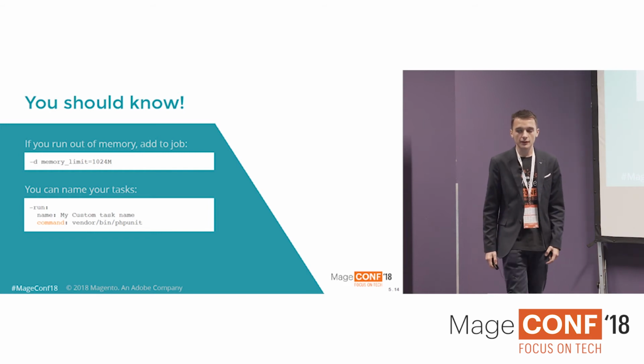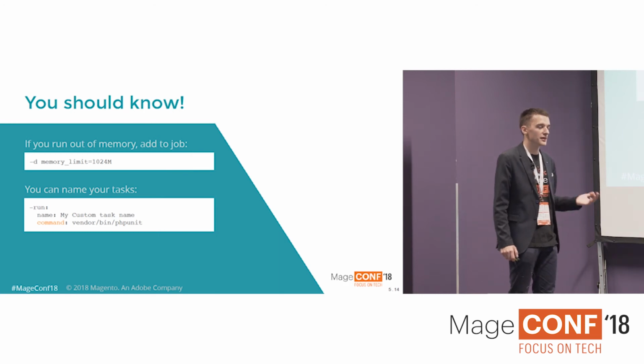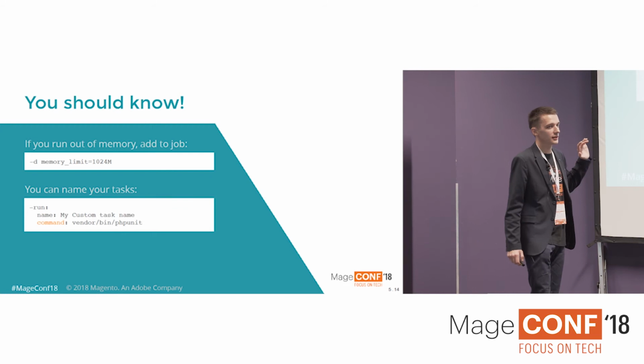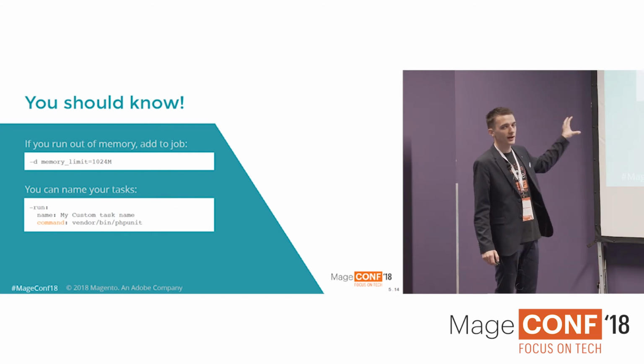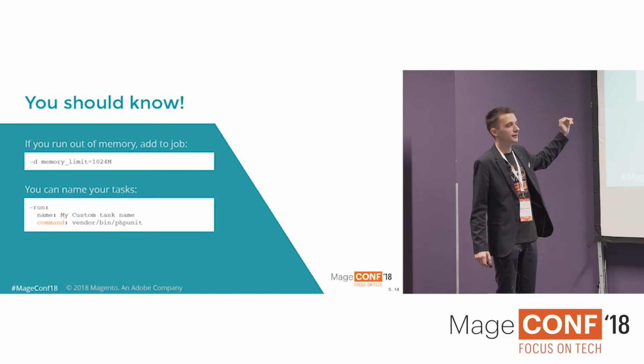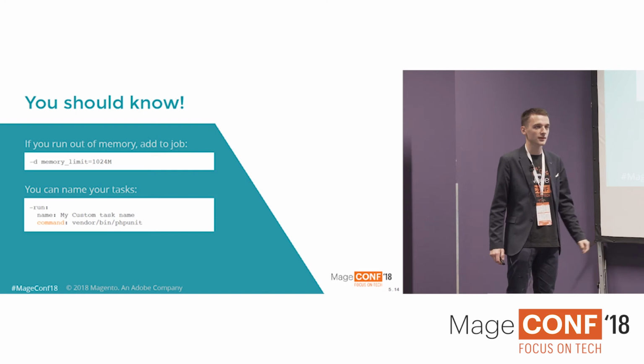And another thing that's quite useful for emails notifying about the errors is that you can name each task. So instead of having run and the command immediately, you can have run and the configuration of it, like the name and the command you want to run.